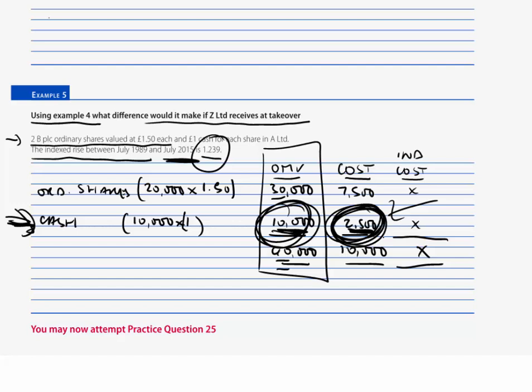If at the time of takeover cash was involved, we received cash, then at the time of takeover, as just seen in example 5, in relation to the amount of cash received, there is an immediate gain to compute. Same working, split the original share cost of what in this example was A limited between the things you have received, here ordinary shares and cash, according to the market values of what you have received.